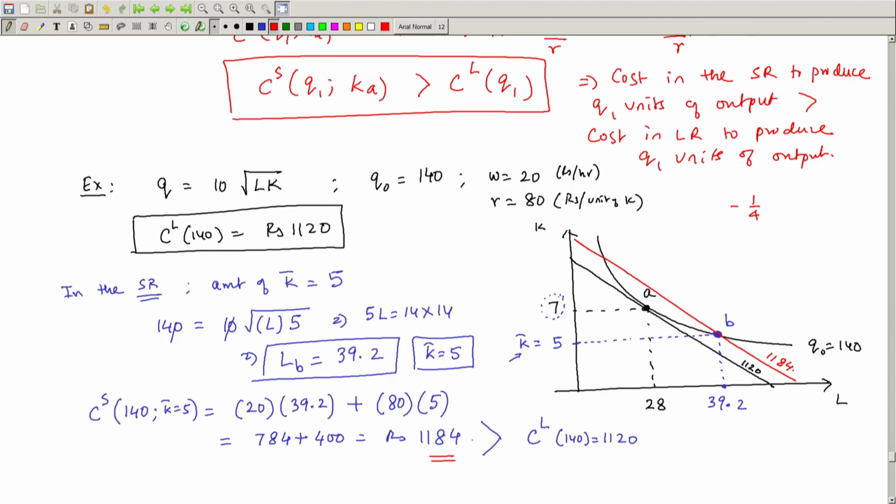All right. So this was for a particular output of 140 units. Now, suppose I want to generalize this example. As before, the production function was Q equals 10 times square root of LK.